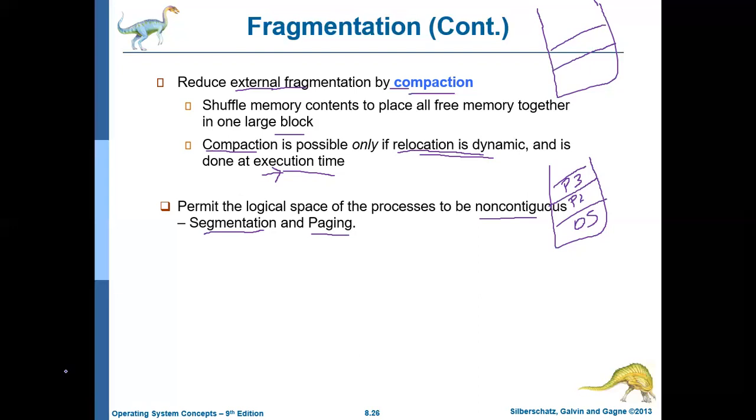Here the base register will have the starting physical address of the particular process. The limit register will have the range of the logical address. Okay. The CPU will typically generate a logical address, and that will be compared with the limit register. Only if the logical address generated is less than the limit register, the CPU will be allowed to access the memory.